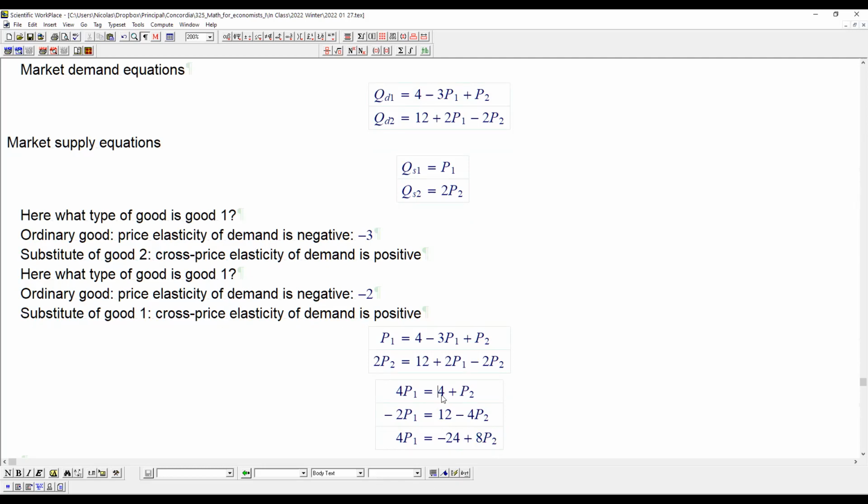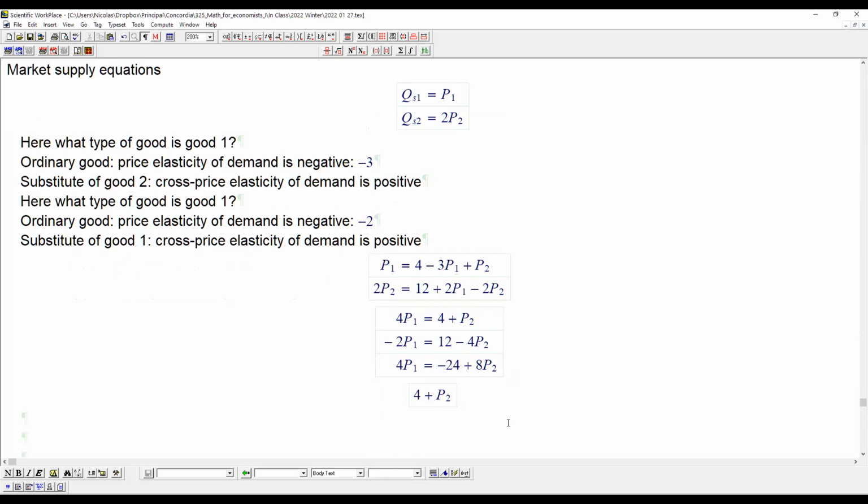So then I can use this equation equal to this equation. So 7P2 equals 28. So P2 equals 4. I think many people got different things.